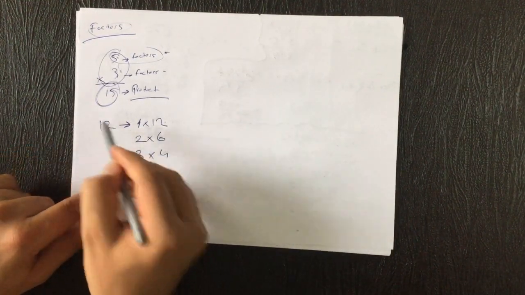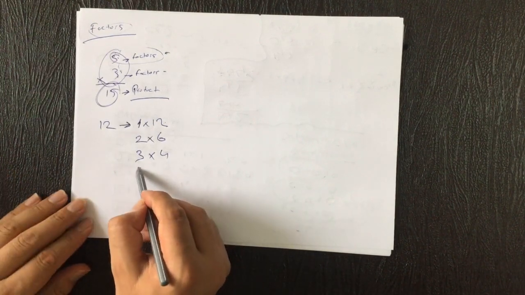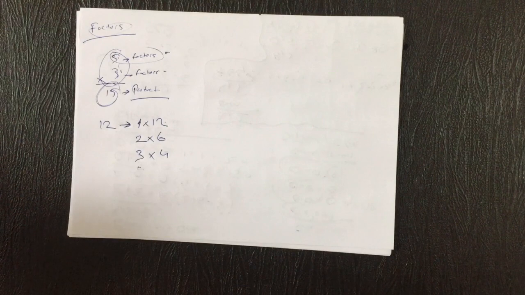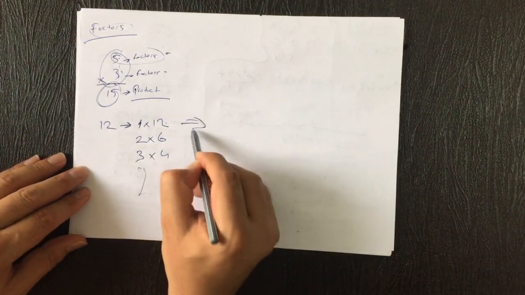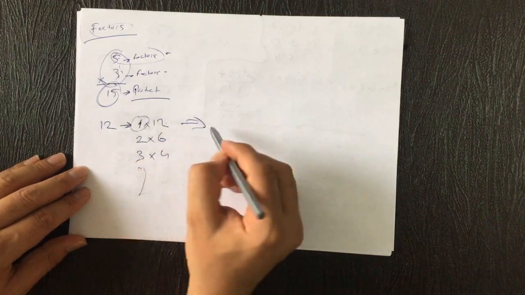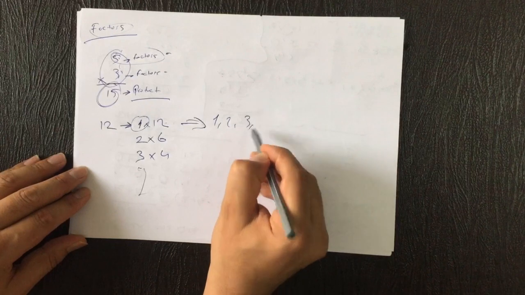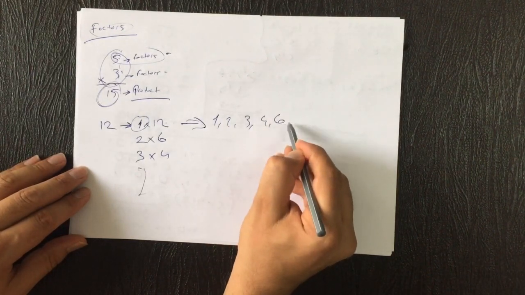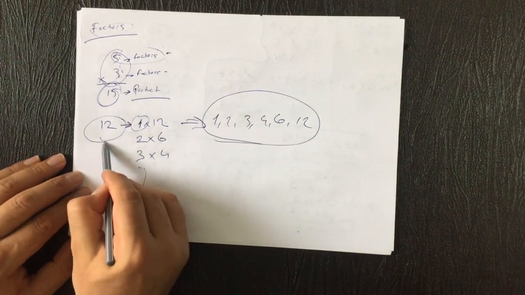All of them make 12, isn't it? Then 4 times 3 is the same, so you don't have to continue. You can write in order: 1, 2, 3, 4, 6, then 12. These are the factors of 12.